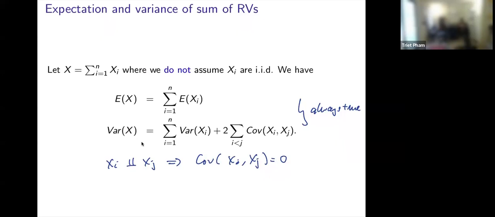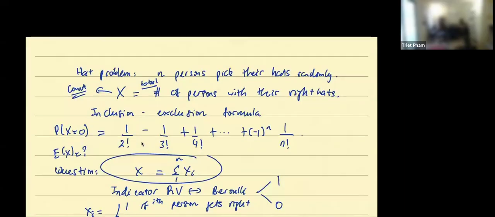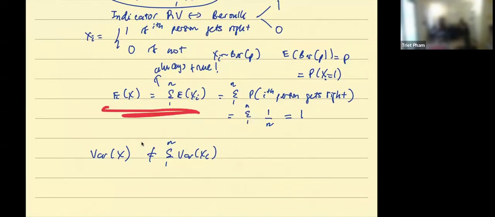This is where you can look it up if you want, right? It's actually quite nice. But what you have to do now is deal with the covariance term for this problem. But notice if we're just content with calculating the expectation, then the interaction of the xi's are immaterial here. Is that okay?